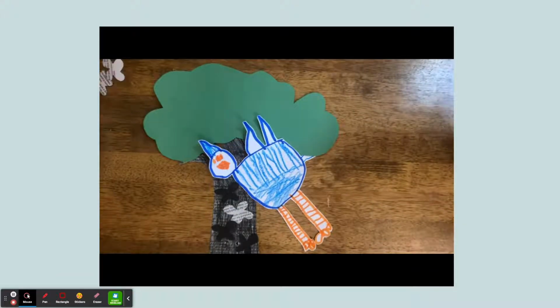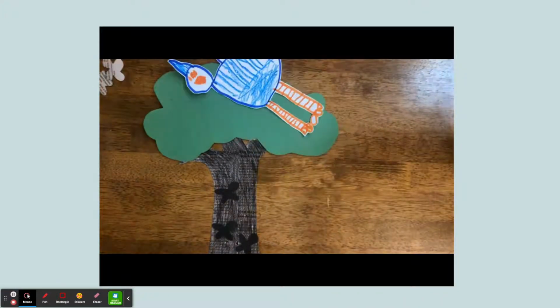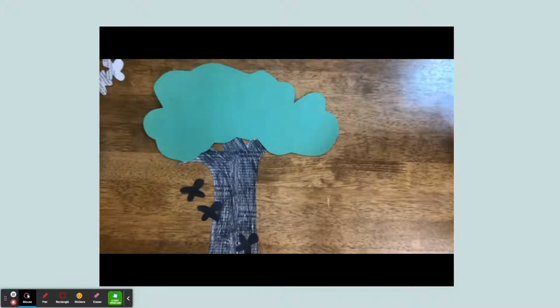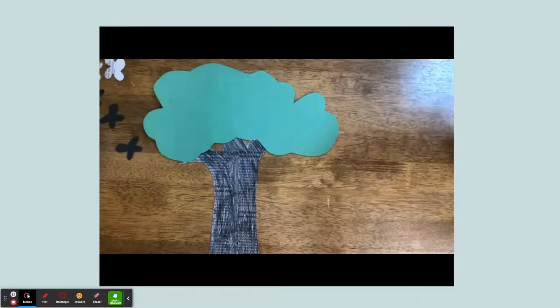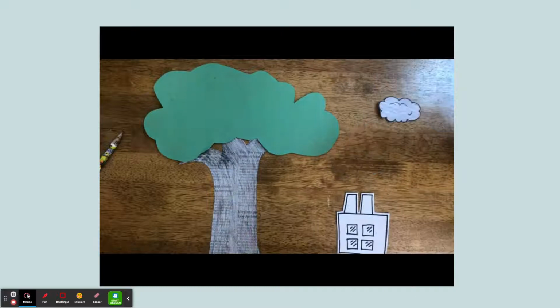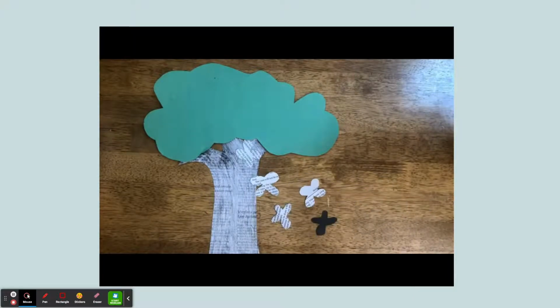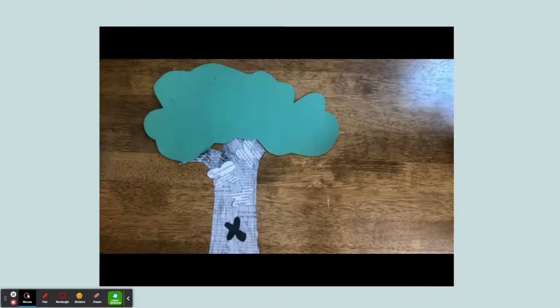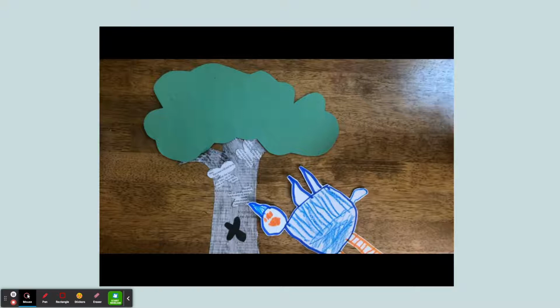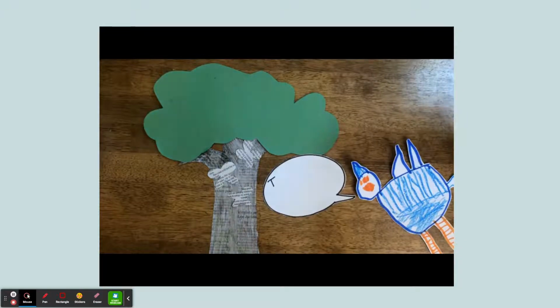Black peppered moths reproduced very successfully, and white peppered moths disappeared from the population. Once factories realized the environmental damage they were causing, they cleaned up their act, and birch bark became white again. By the year 2000, the population of peppered moths had returned to nearly all white with black spots. This has been the true story of natural selection, the process by which organisms better suited for their environment tend to survive and produce more offspring.